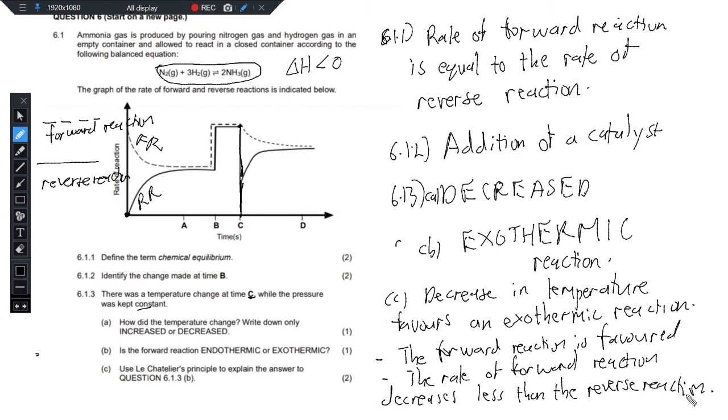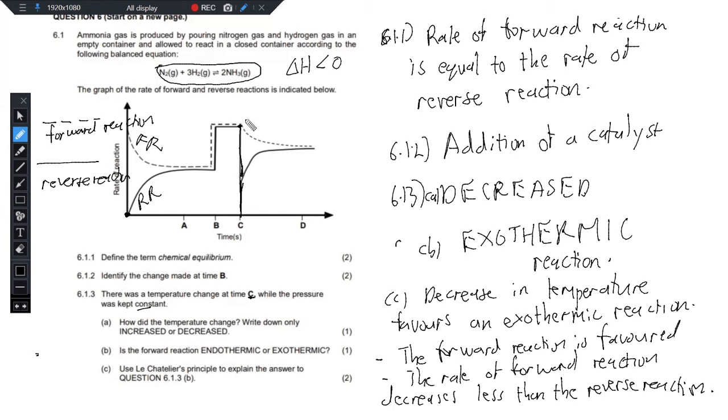In a case whereby we are decreasing temperature, it causes a decrease in the rate of reaction, because the rate of reaction can be increased by increasing the temperature. Here we decreased the temperature, so we must see our rate of reaction declining. But the reverse reaction shows a huge decline, which means it was not favored.